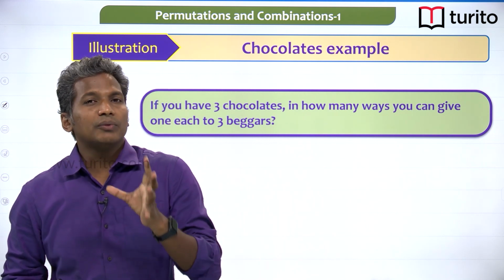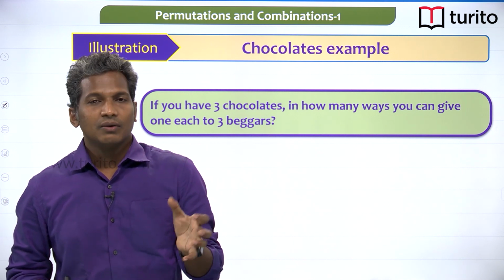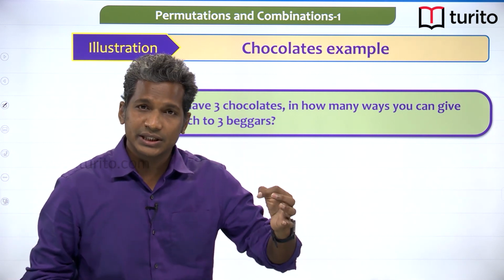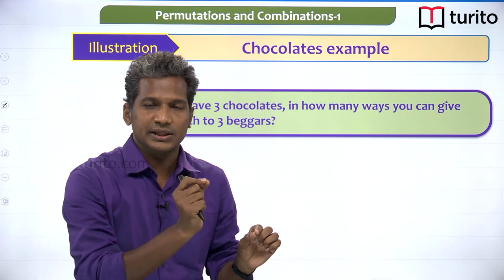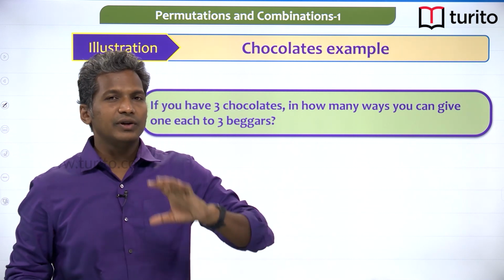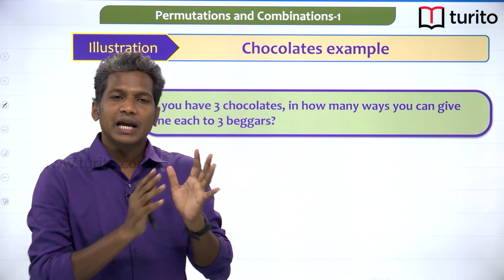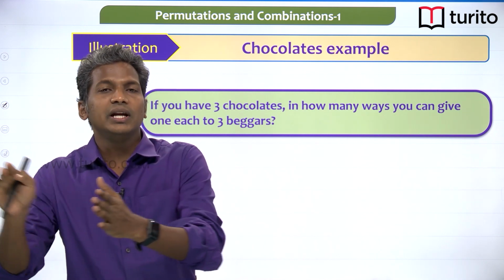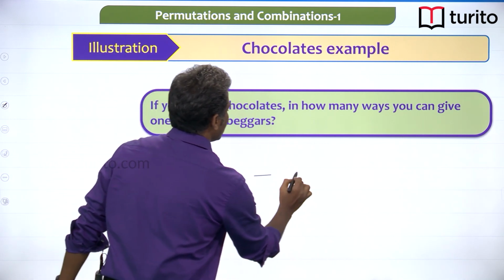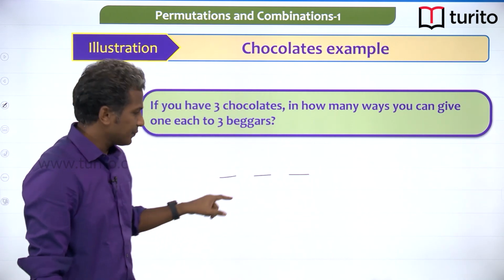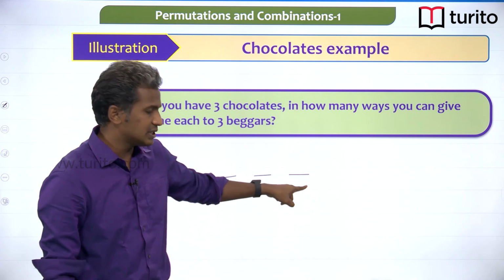So, whenever you are performing any calculation, for easy calculations, there is a standard idea of filling places. So, remember that every problem that you are solving can be equated to filling some places. So, imagine here that beggars are actually the places. This is beggar 1, this is beggar 2, this is beggar 3.